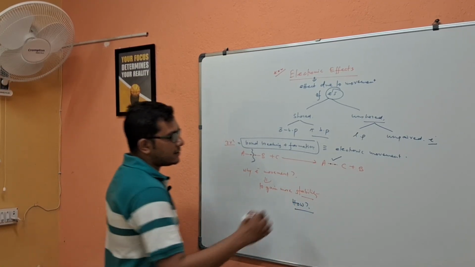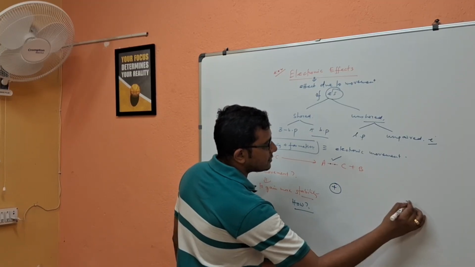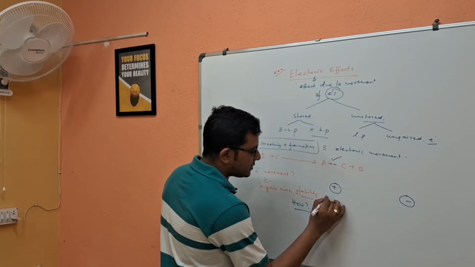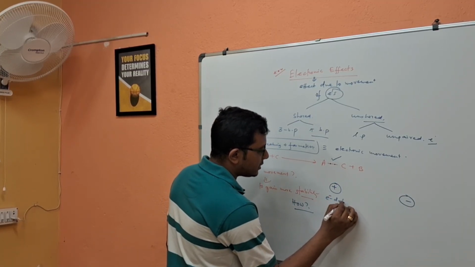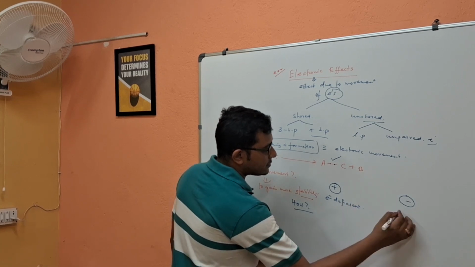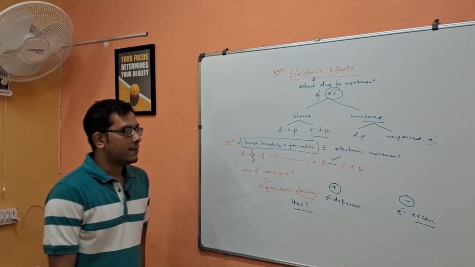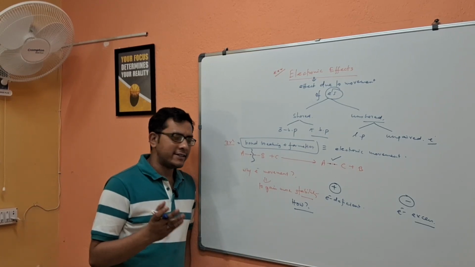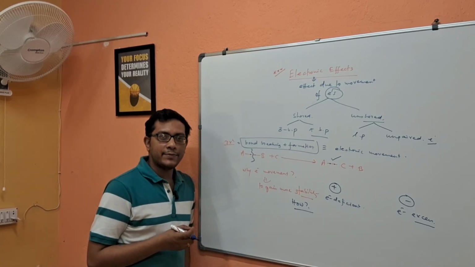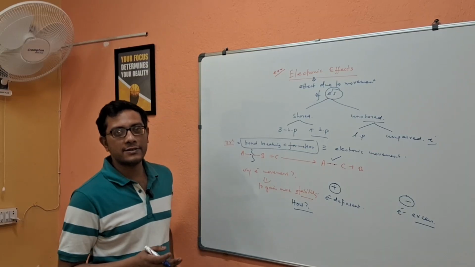Okay, so let's say there is a positive charge and there is a negative charge. Positive charge means this is an electron deficient species, and negative charge means electron excess species. Now I have a simple question for you guys. Everyone knows this: is a charged species more stable or is a neutral species more stable?